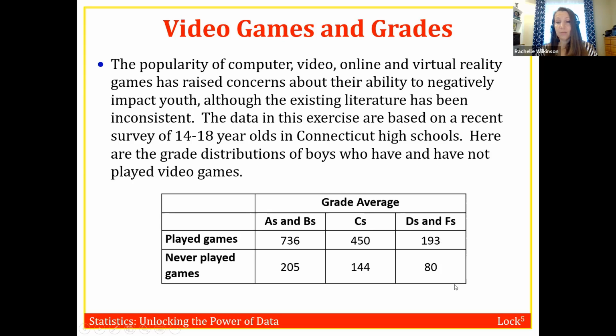It's tricky to wrap your brain around what kind of comparison I should make to know if playing video games affects grade average. And that's where this overall test comes in. It's going to look at this and say, is there any difference here? Is playing video games associated with different grades?